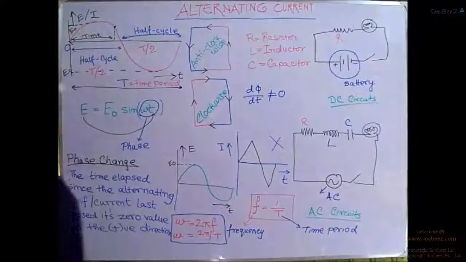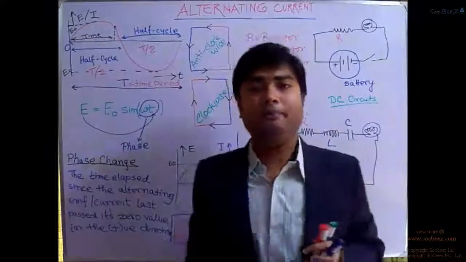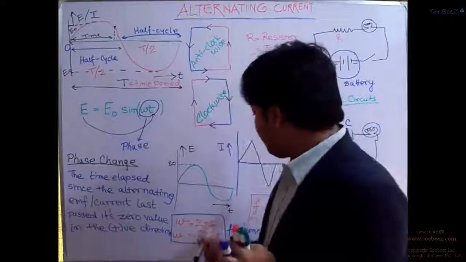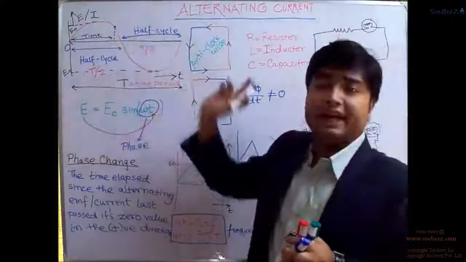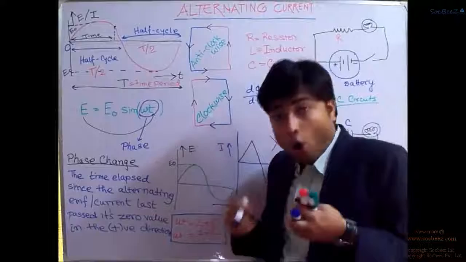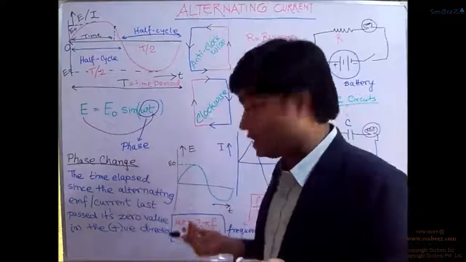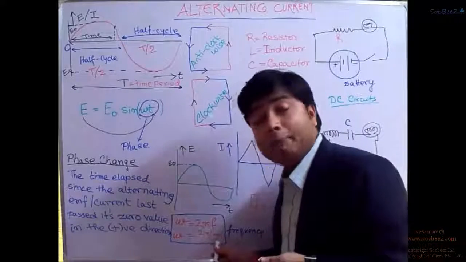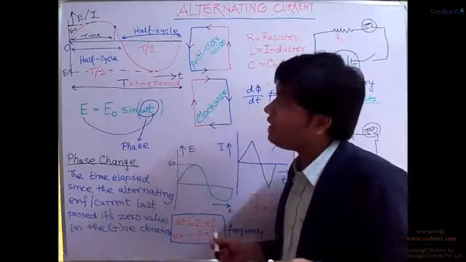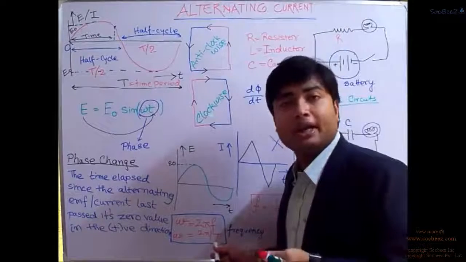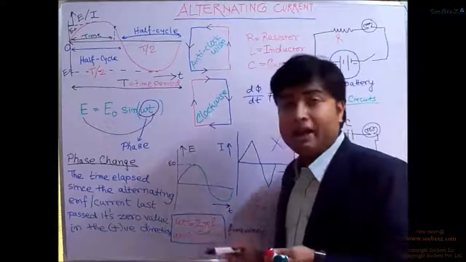But how much time has elapsed, right? What is the frequency of this alternating EMF or alternating current? Or if you are not given the frequency, what is the time period of this waveform? So we can find out the omega.